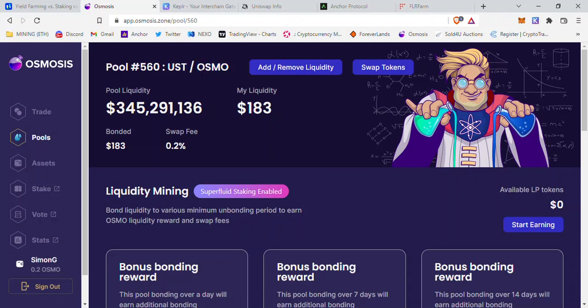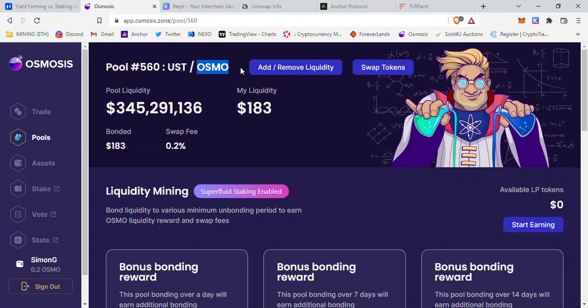So if Osmo starts to go down while I'm in this pool, my UST will start to go up, and so I will have less of a position in Osmo. If I like the coin Osmo and I then exit this pool, I will not have as much Osmo as when I first entered.